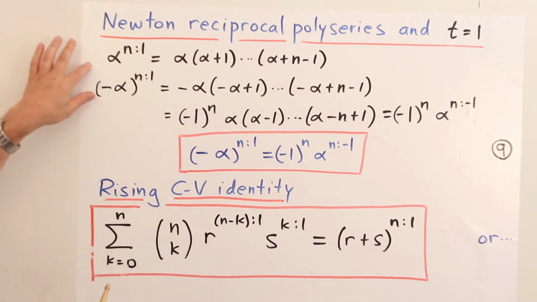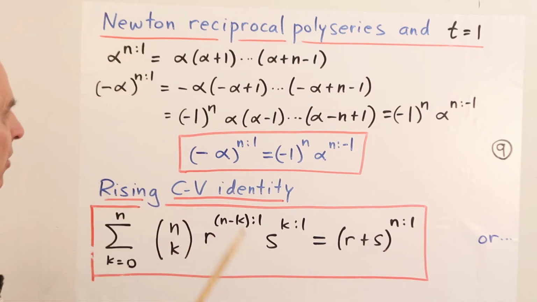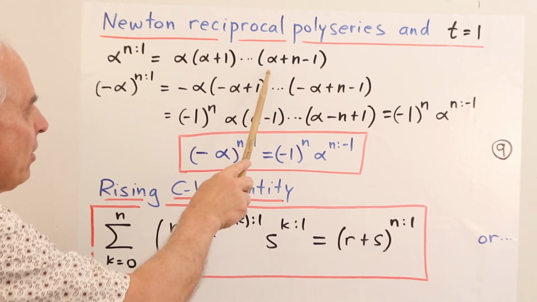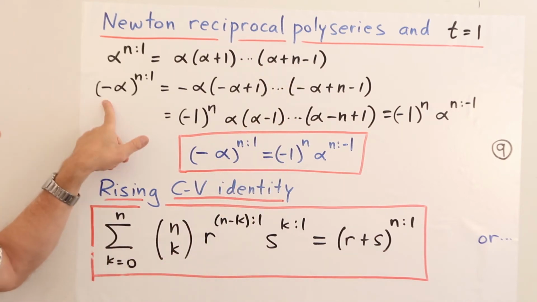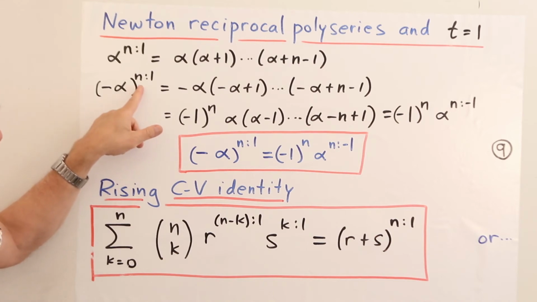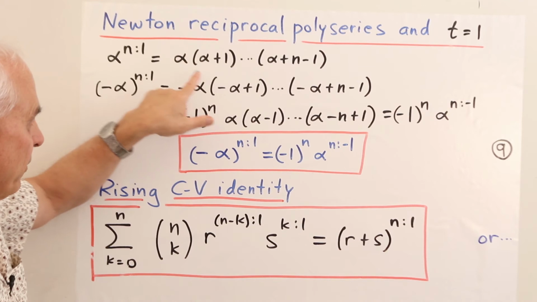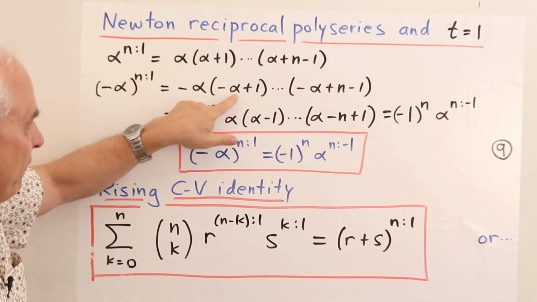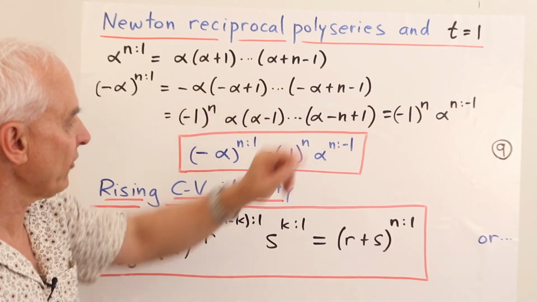Okay, so here's the identity. So first of all, alpha to the n colon 1. This is the rising power. That's alpha times alpha plus 1, all the way up to alpha plus n minus 1. And now let's look at minus alpha to the n colon 1. So we just replace alpha with minus alpha. We get minus alpha times minus alpha plus 1, minus alpha plus 2, all the way up to minus alpha plus n minus 1.